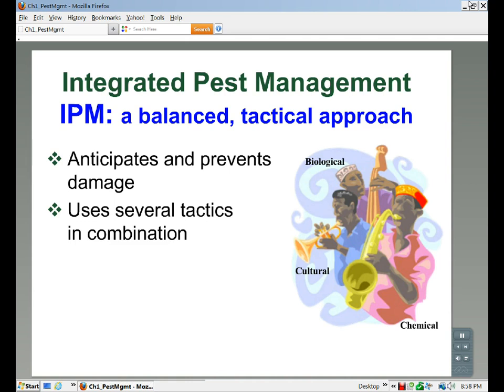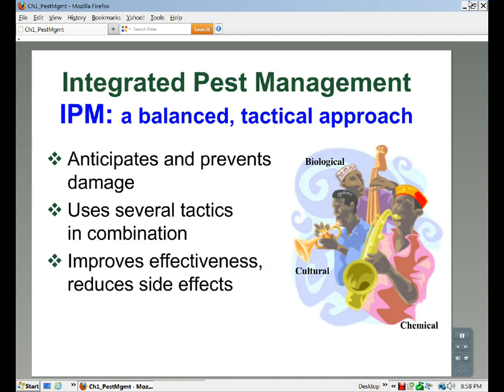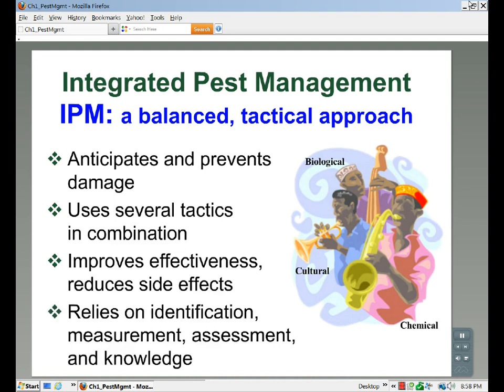When using a decision-based system, you increase effectiveness and reduce the negative side effects. IPM is dependent on proper identification and understanding of the pest biology, along with proper measurement of population densities and assessment of control tactics.